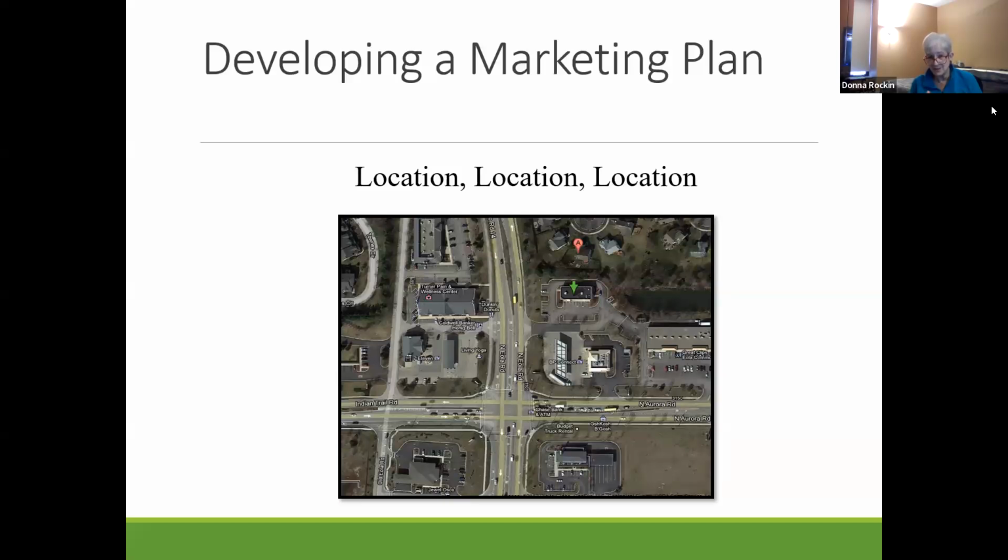And in Chicago, it's pretty easy because our numbering system is so good. But when you're in the suburbs, a lot of times you cross the street and you're in a different suburb. So you really have to think about how easily can people see my storefront signage. So it should be vertical and horizontal.